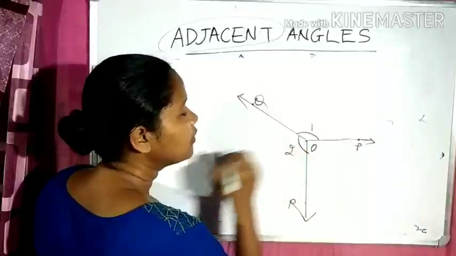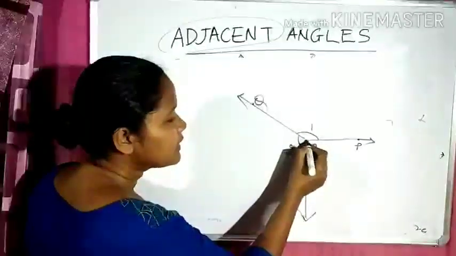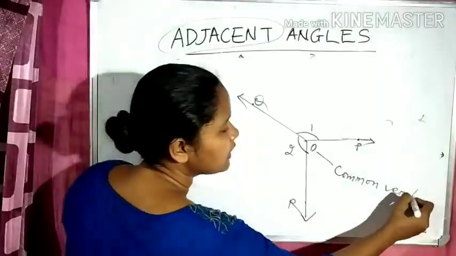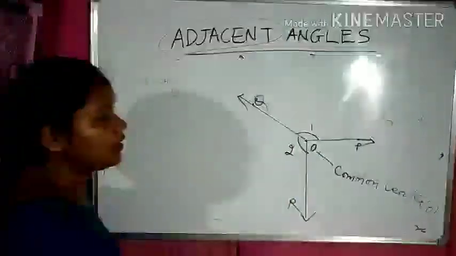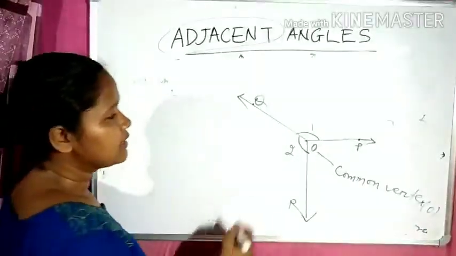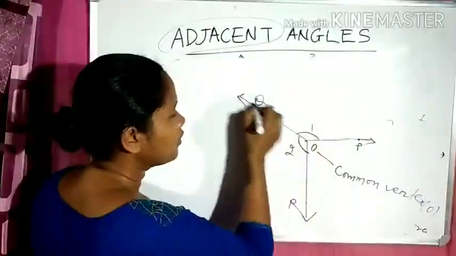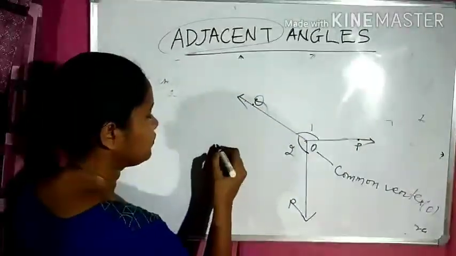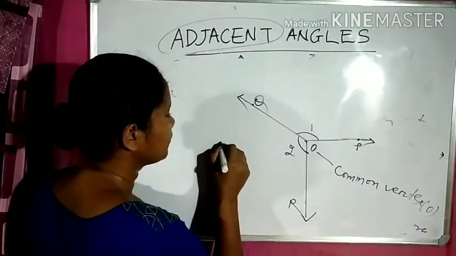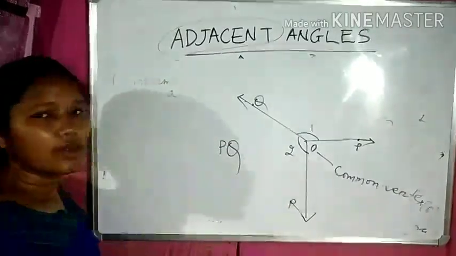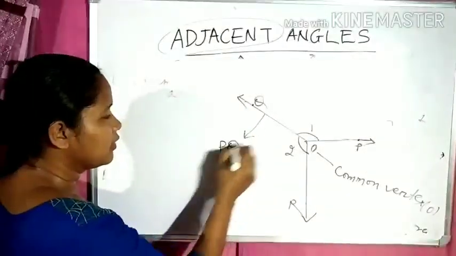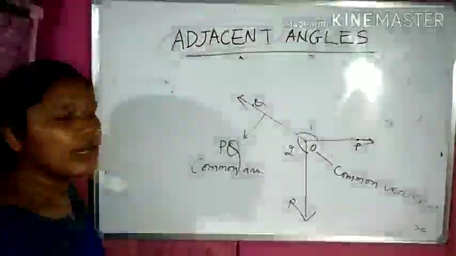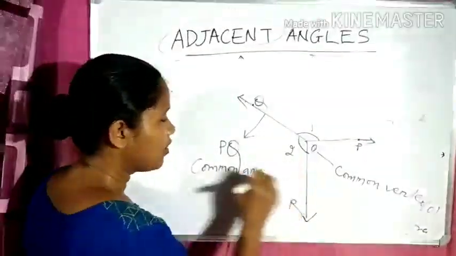Let's see if these can be adjacent angles or not. We have to find the common vertex. The common vertex is O. Then, do they have a common arm? Yes, the common arm is PQ. Next, are the uncommon arms on the two sides of the common arm?